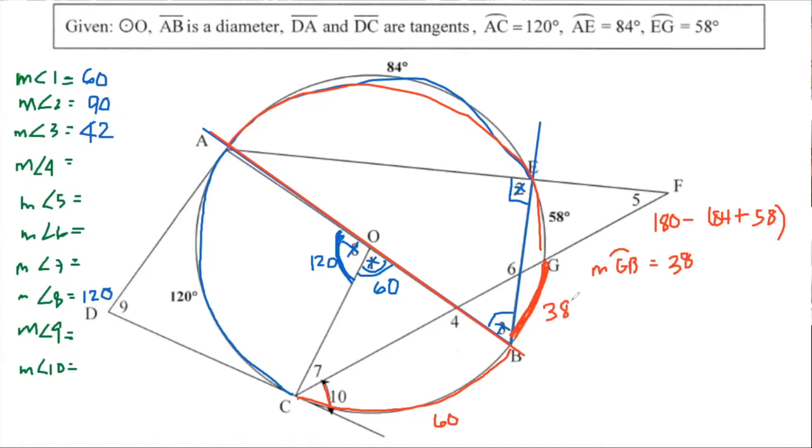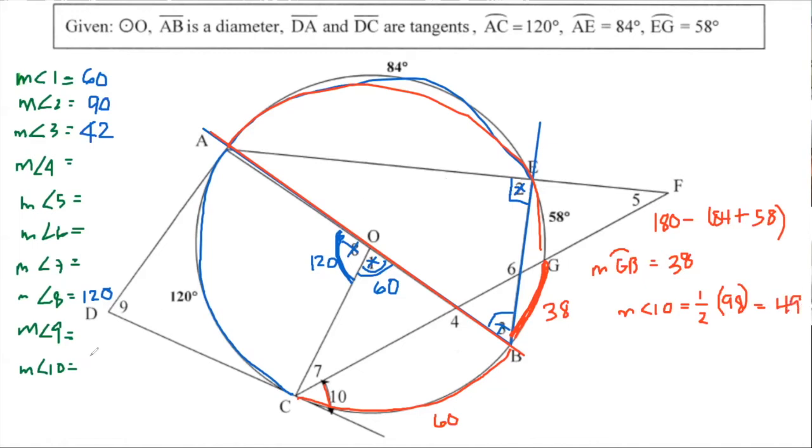So if this is 38, then the measure of angle 10 should be equal to half of the entire measure of arc GBC or GC. And that is 38 plus 60, which is equal to 98. So half of 98 will give you 49.